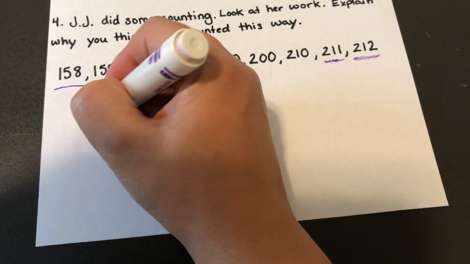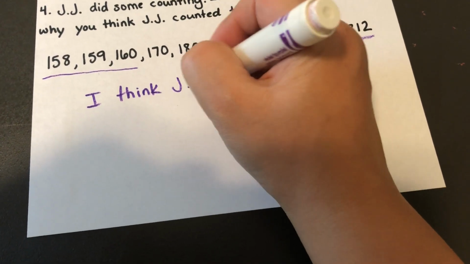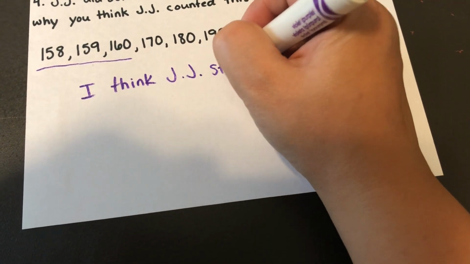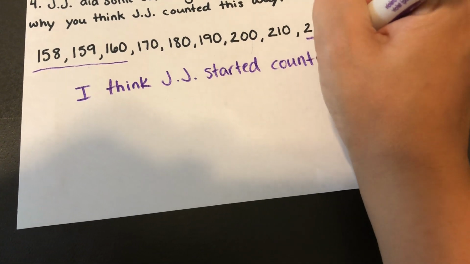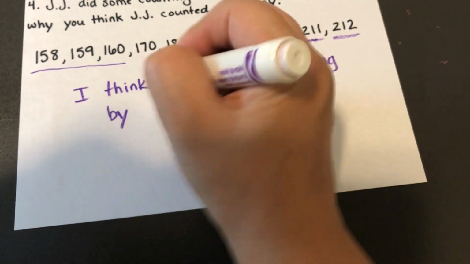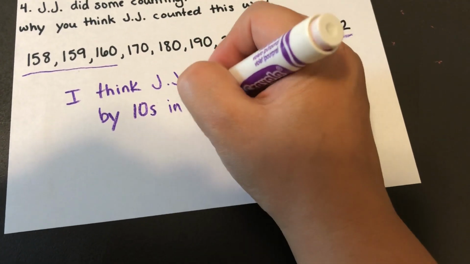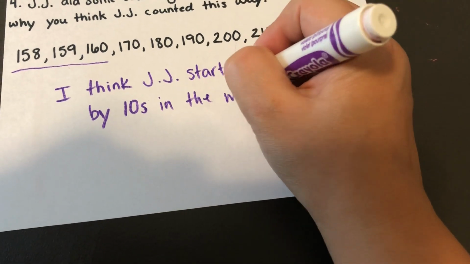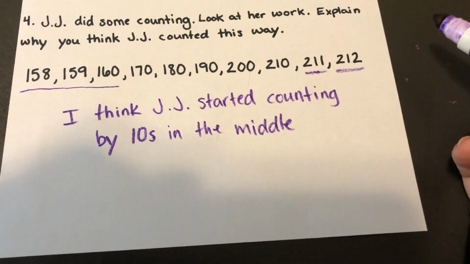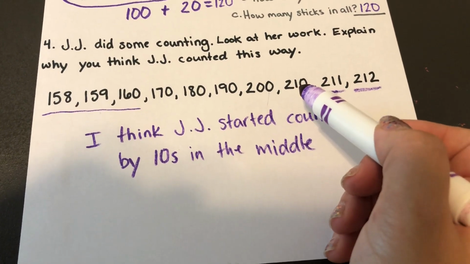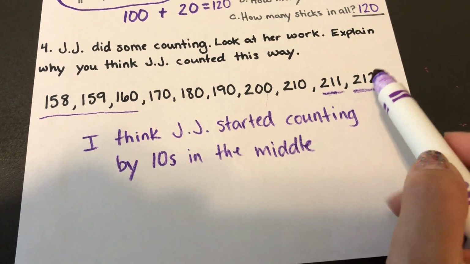So it says to explain why I think JJ counted this way. So I think JJ started counting by tens in the middle because it was a faster way to get to the 200s, and that's where she needed to get to in order to be at 212.